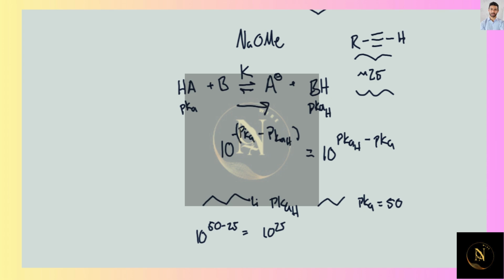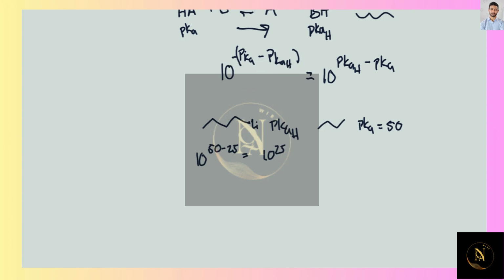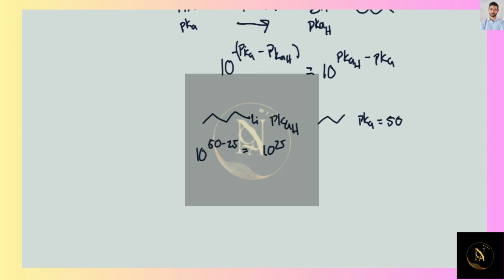So if we get a number greater than 1 out of this formula, that predicts that the base will deprotonate the alkyne. And so n-butyllithium clearly is capable of deprotonating an alkyne, so B is good.